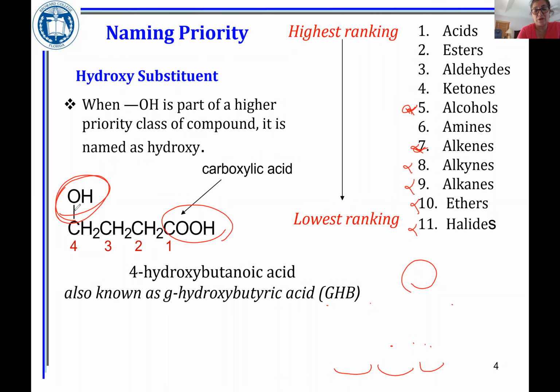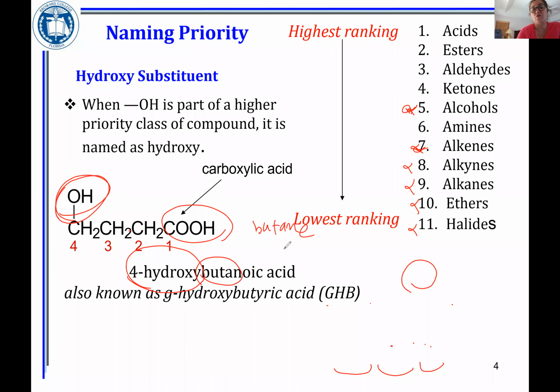You would name the OH as a branch, and since it's on carbon number 4, it is going to be 4-hydroxy. So you just give the number and say hydroxy. We have 1, 2, 3, 4 carbon, and it is butanoic acid. So that is like a butane.